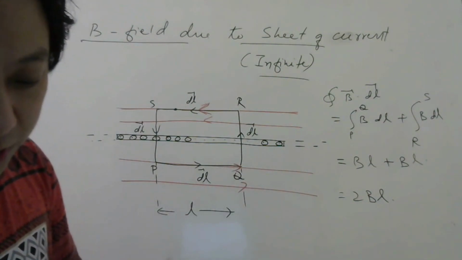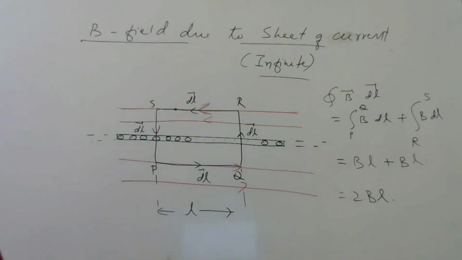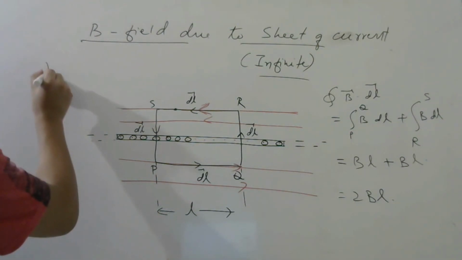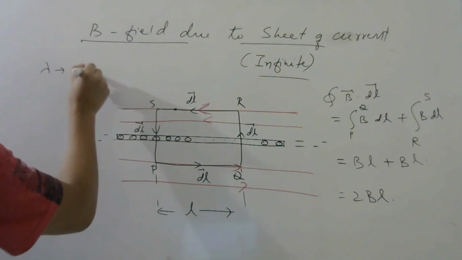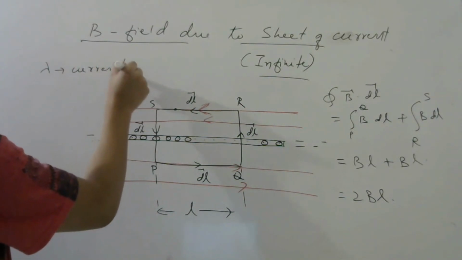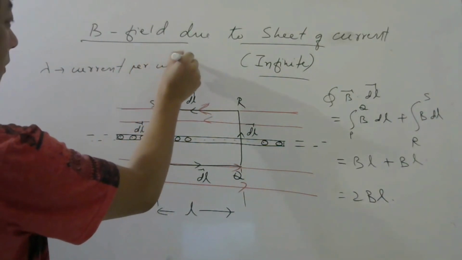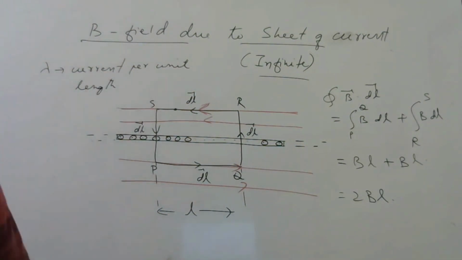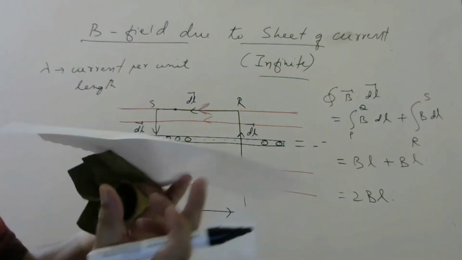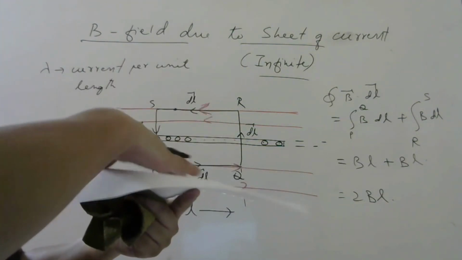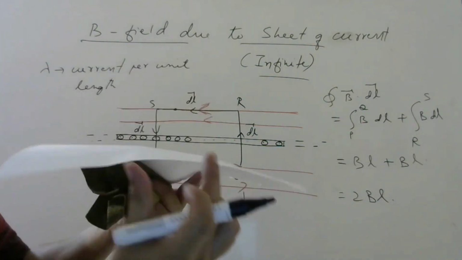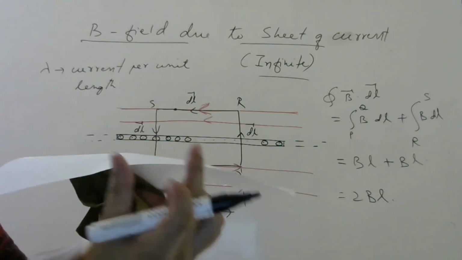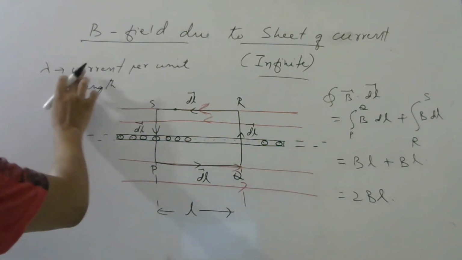So how to find that current? For that we will define lambda, which I will say is current per unit length. Meaning you take some length, see how much current is flowing through that length, then divide the current by the length. That is your current per unit length.